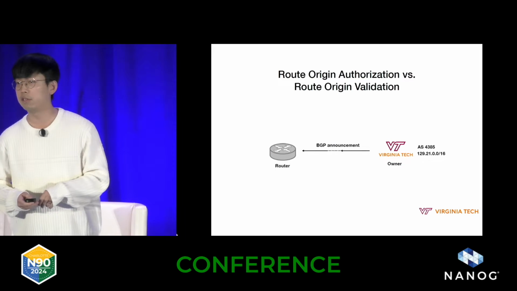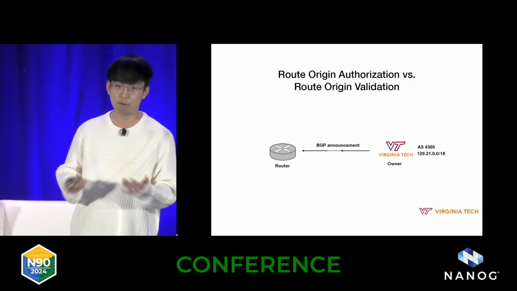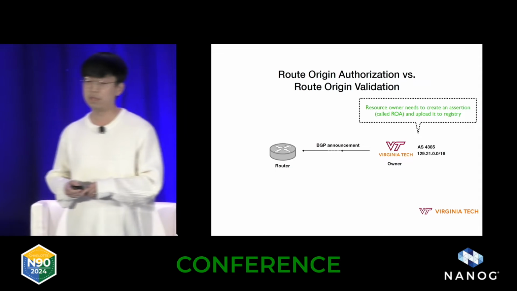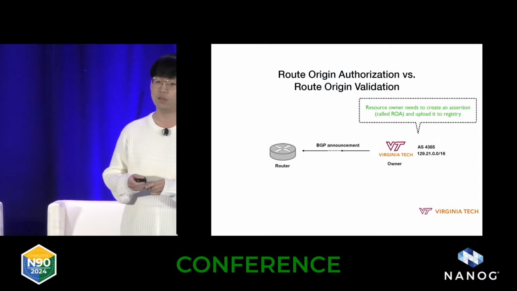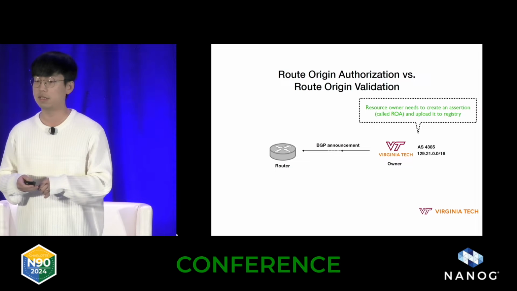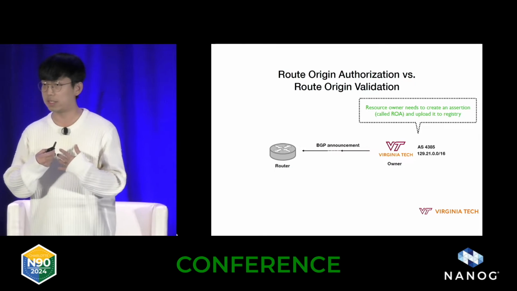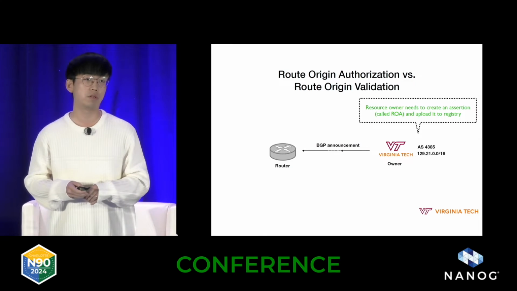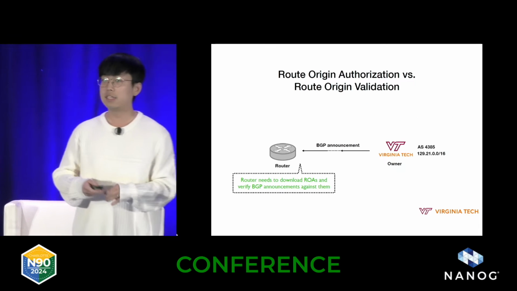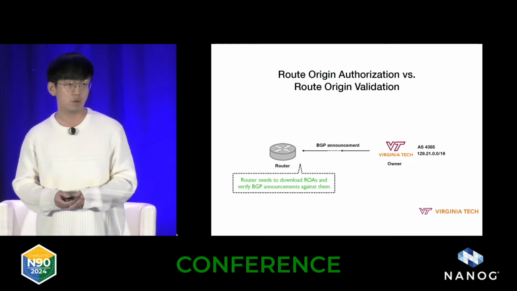There are two perspectives in RPKI. The first one is the resource owner, such as network operators, who need to create an assertion called a Route Origin Authorization object to claim their resources and upload it to the corresponding registry. The other perspective is similar to other public key infrastructure protocols.